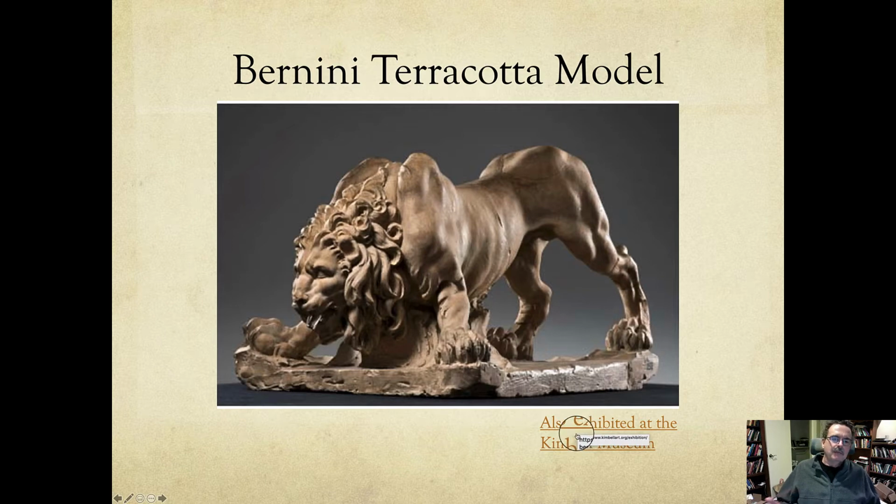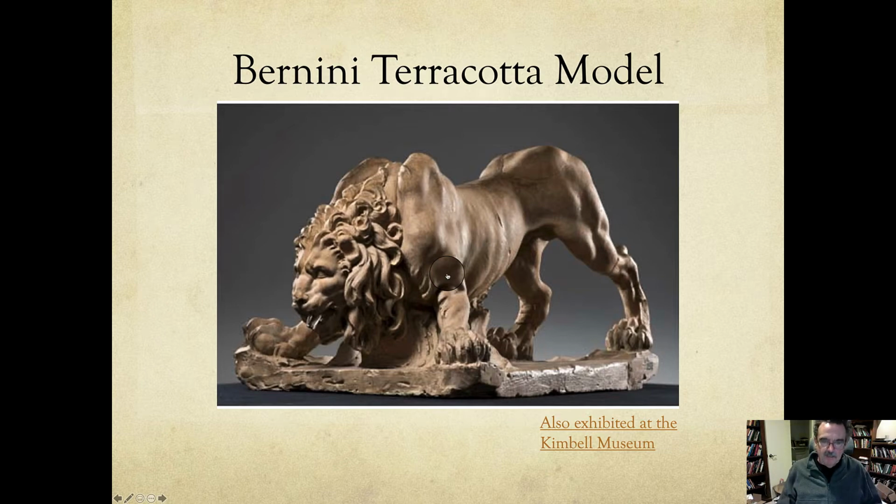I remember because I went to that show on the Bernini terracotta models. So essentially you're looking at earth and clay models that were meant to be models for a sculpture that was etched in another material like stone or marble, for example.